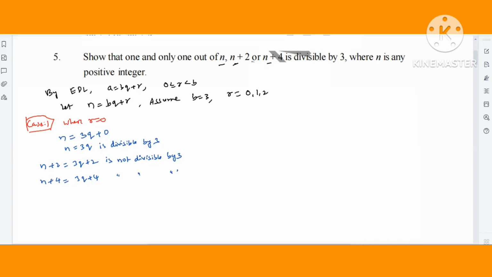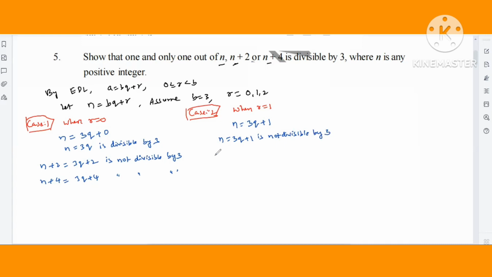Now let us take case 2, when r equals 1. Now what do you get here? n equals 3q plus 1, and this is not divisible by 3.